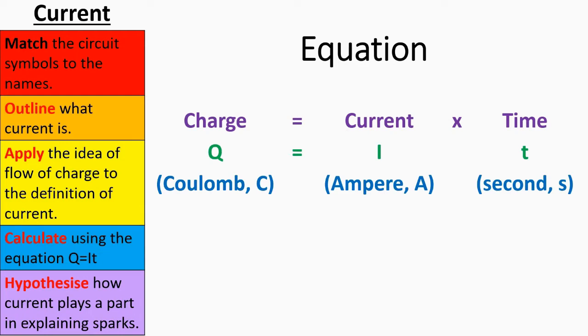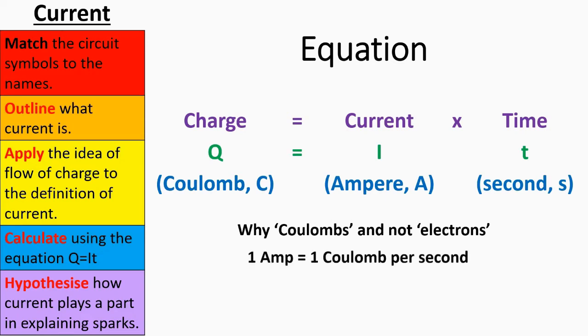Now previously we've talked about the fact that the charge carriers in a wire are electrons. So why can't we just talk about charge as being a number of electrons? Okay, so why coulombs and not electrons? Well, 1 amp, which is a typical amount of current that flows through a wire that we can use in school or in experiments or in the house, is equal to 1 coulomb every second. Now electrons are tiny and they have a really small amount of charge.